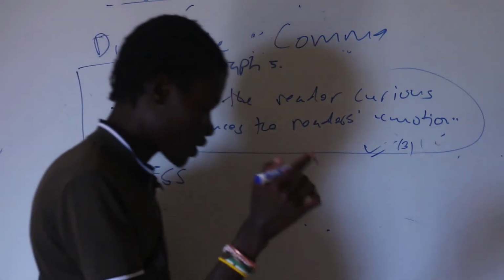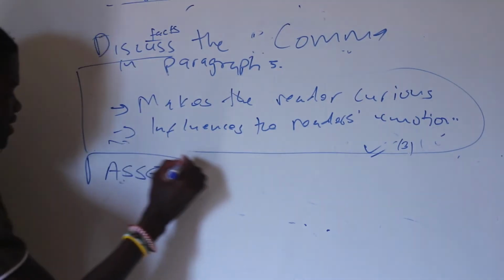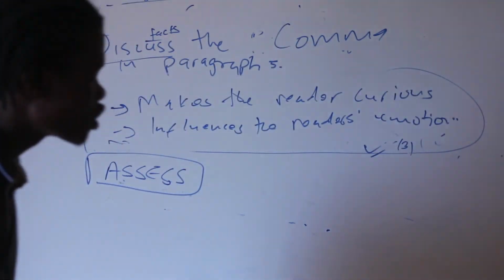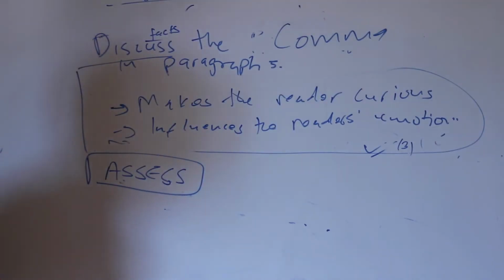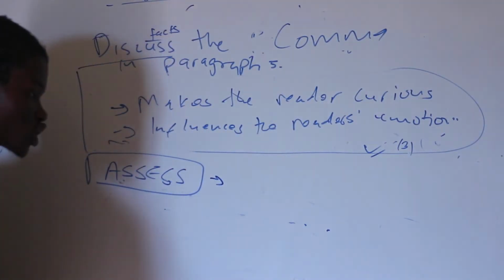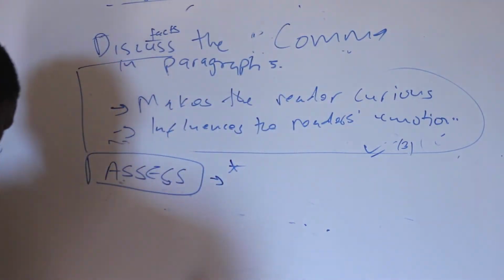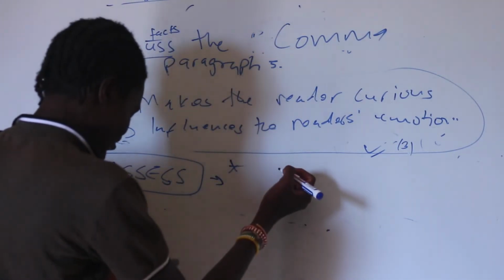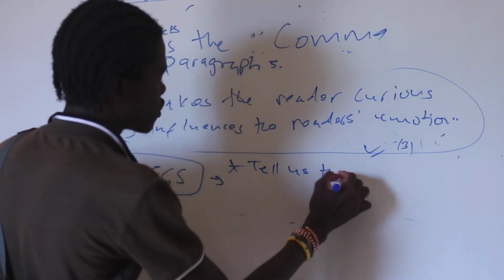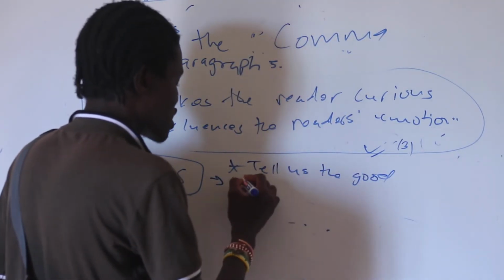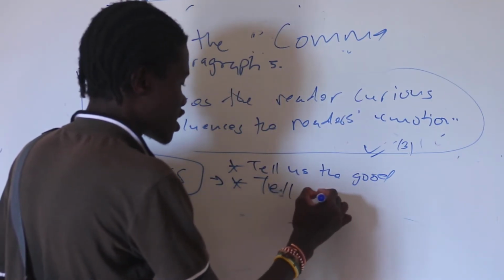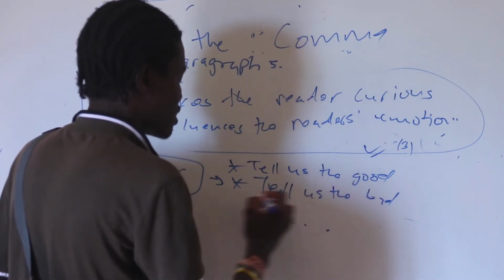Once you see this word, there's a lot of words they can use, they can say explain, they can say comment, but I'm only going to focus on the words that give learners a problem or are a challenge. So assess, when you answer this question, you must do this. You must outline the good, tell us the good. Then you tell us the bad.